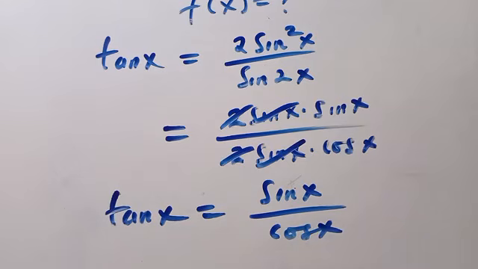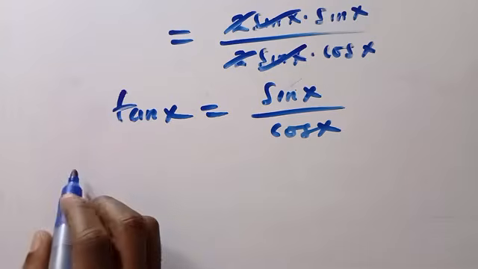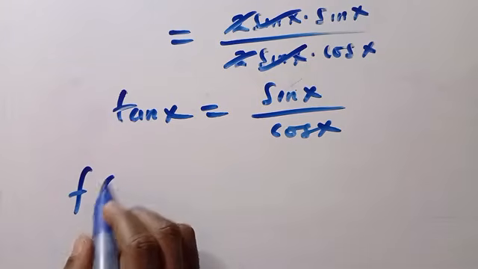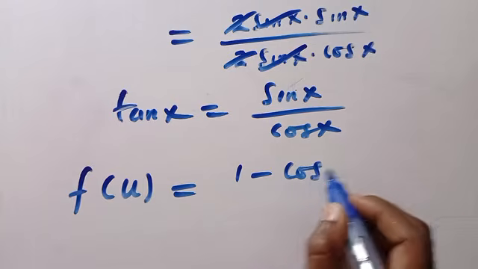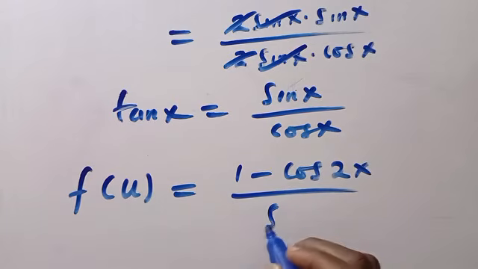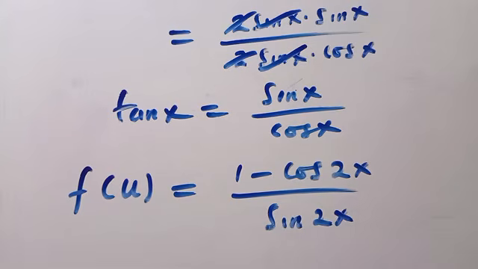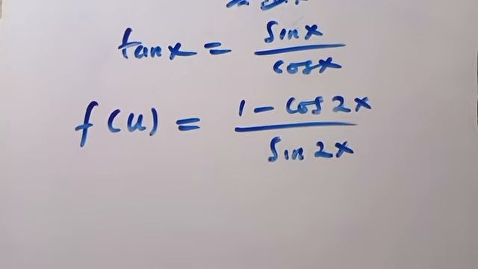And if you now recall what we have from the beginning, we are now going to confirm the relation that f of u equals 1 minus cos 2x divided by sine 2x. In the next step, let's replace sine 2x with u, because we have already let sine 2x equal u from the beginning.